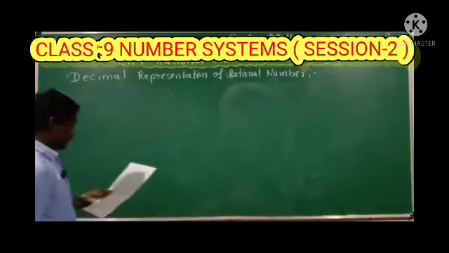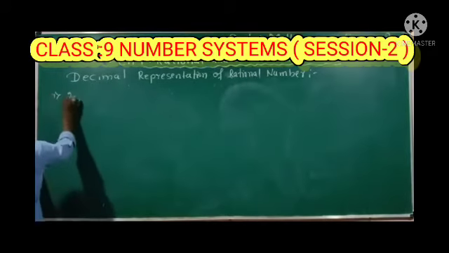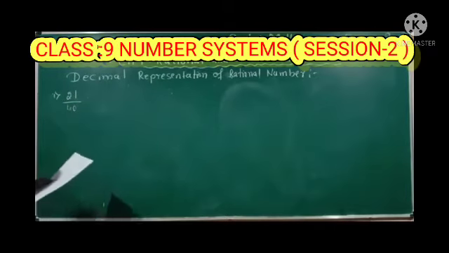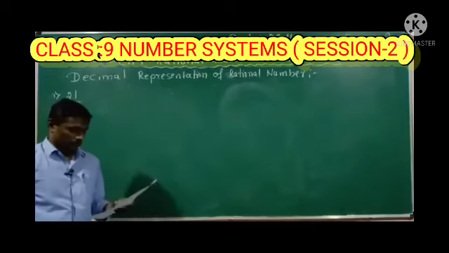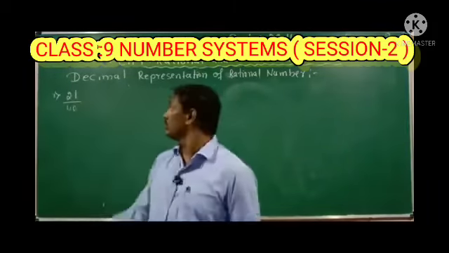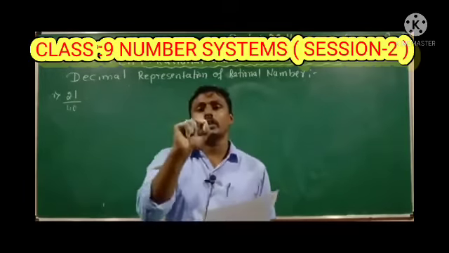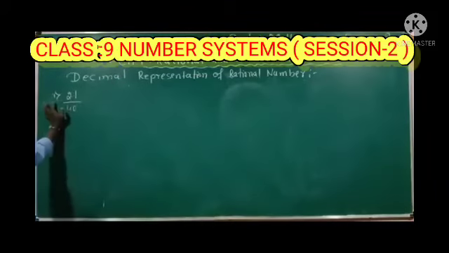See the first question, 21 by 40. The given question is: represent the rational number in the form of decimals and check whether the given rational number is terminating or non-terminating.